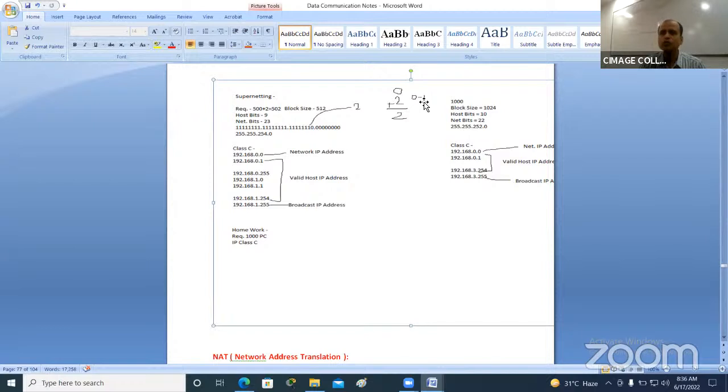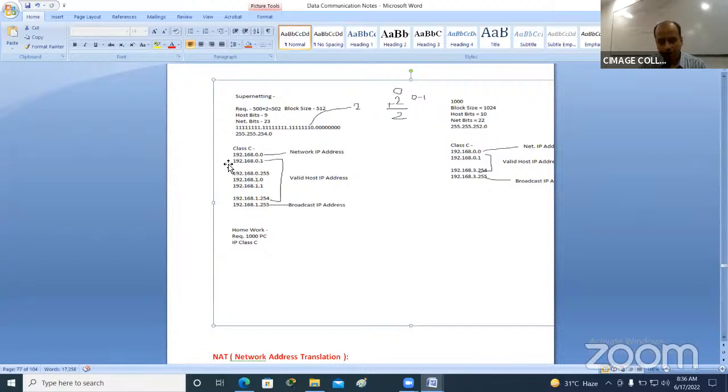Now this is 0 to 1, and we are talking about 500 nodes. 500 plus 2, 502 IP addresses are required in my network. But this value 2 is coming from the second group from right to left. So we will make the change in this second group.